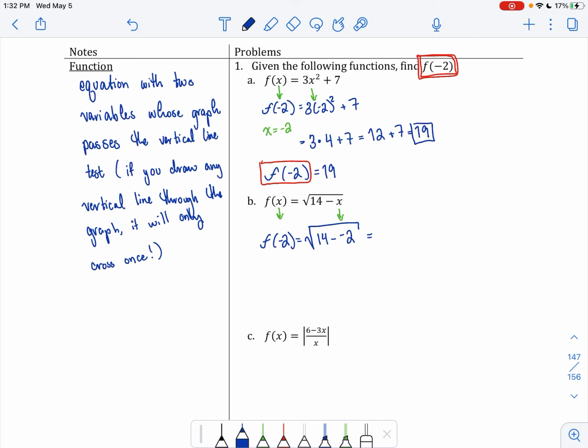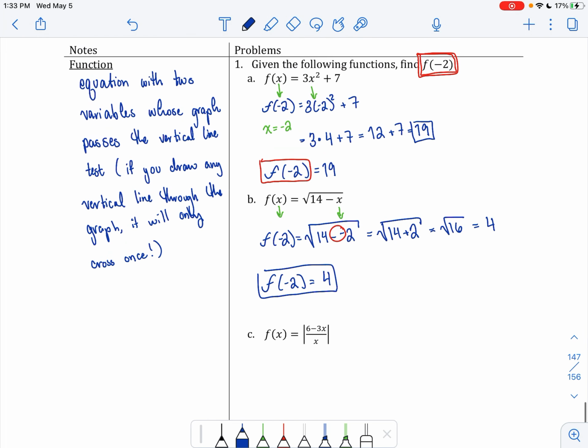And again, once we plug in, we're just going to evaluate. 14 plus -2, the two negatives are going to simplify to the square root of 14 plus 2. 14 plus 2 is 16. The square root of 16 is 4. Now that we finished evaluating, we are done. So in this case, with this new function, f of -2 is 4.